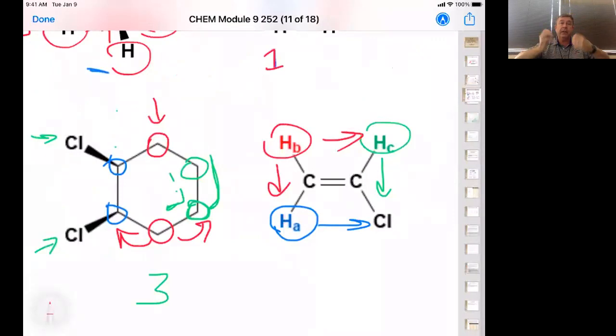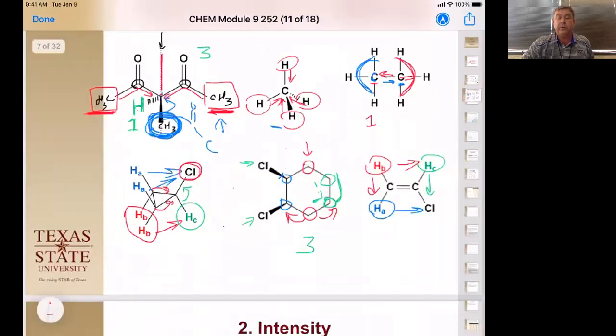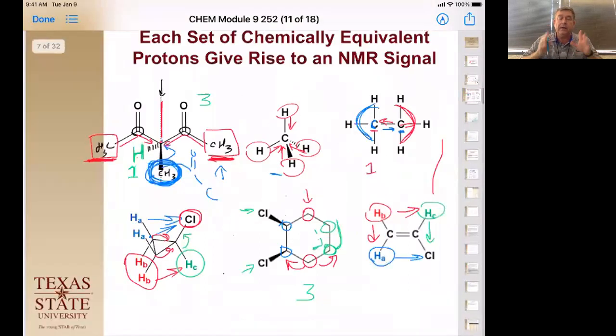You're starting to look for things that have different connectivity and different spatial orientations to give you your uniqueness. Every time you draw a circle of different types of hydrogens, you should get a peak in the NMR. It might be a single peak or it might be a split peak. We don't know that yet, but you're going to get a peak for that in the NMR.